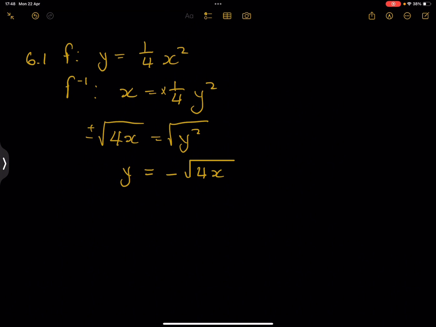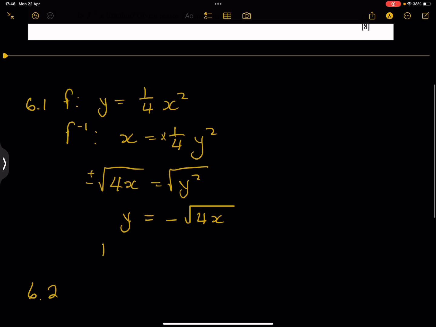I hope that makes sense, because we've taken when x is on the negative side, here it would be where y is on the negative side. By the way, we needed to write it as f minus 1 of x, otherwise we will lose marks. That's minus the square root of 4x.